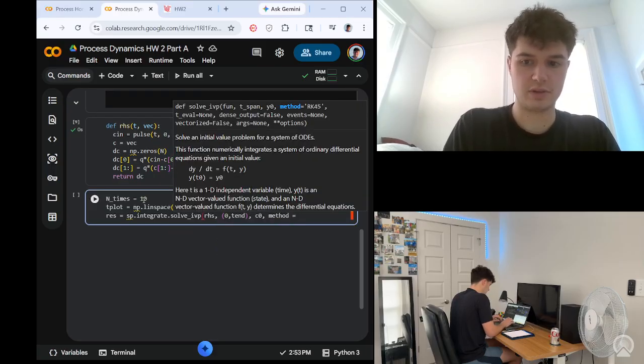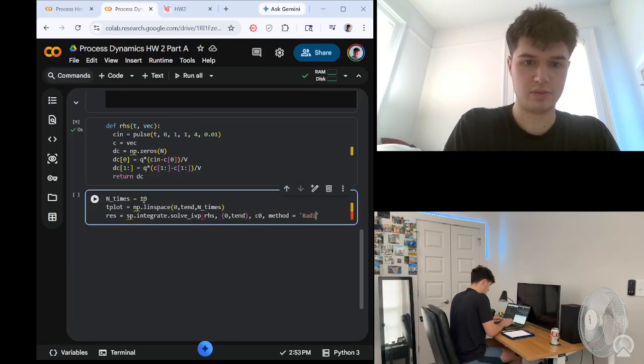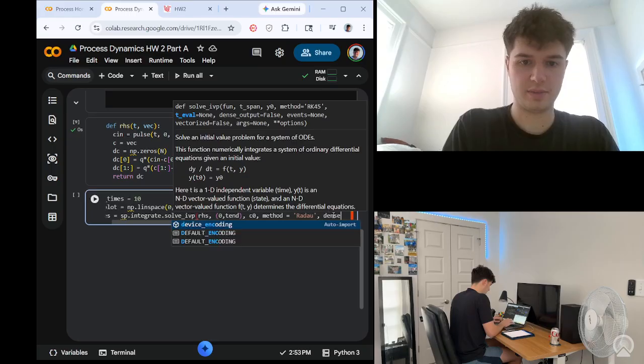Method, which is going to be the same method that we have been using, which is Radau. I think I'm saying that right. I don't know, it sounds French, but I'm not French. And then, same as usual, we want dense_output equal to true.